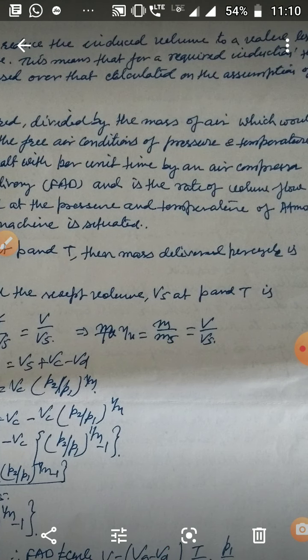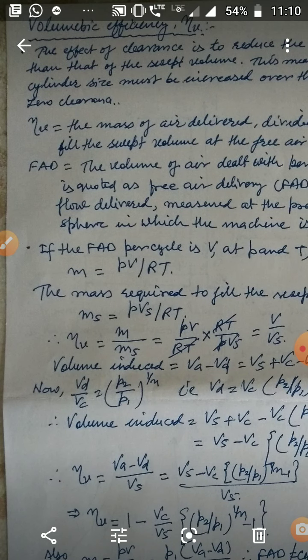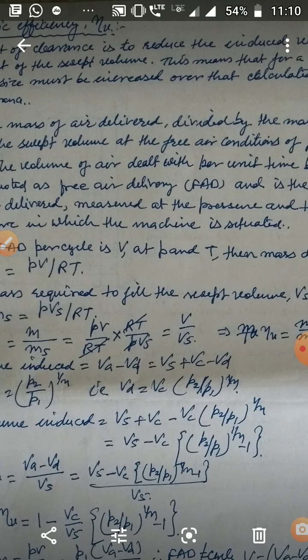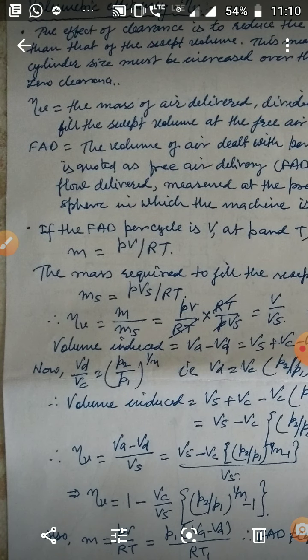And this means that for a required induction, the cylinder size must be increased over that calculated on the assumption of zero clearance, because some air is left after the delivery stroke in the clearance volume, and in the next stroke for the induction this air will expand and it will occupy some volume.